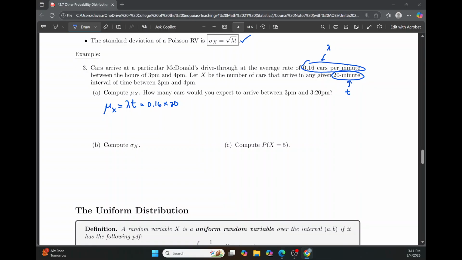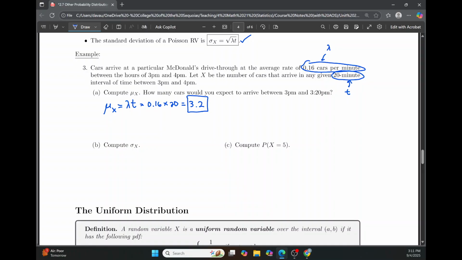Let me just punch that into my calculator real quick. 0.16 times 20 is 3.2. So between 3 and 3:20 p.m., we expect 3.2 cars on average. That's the average number of cars that will show up between 3 and 3:20. Now, the follow-up question is, how many cars would you expect to arrive?